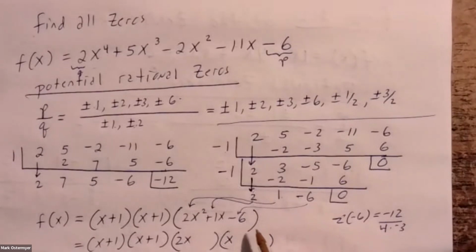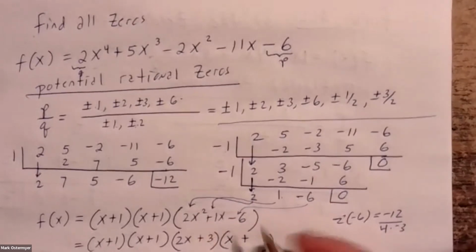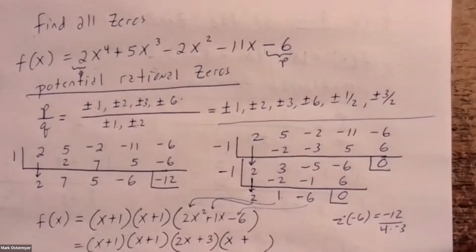Let's see here. I could maybe go with a 3, and I'm going to put a -2 here. So this is going to be a minus here, and I think we got it factored there.